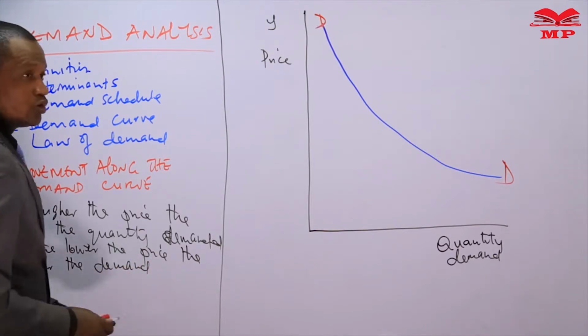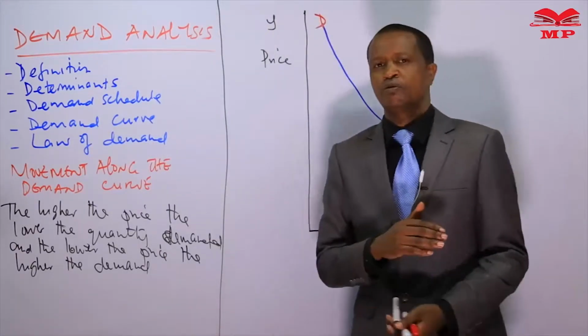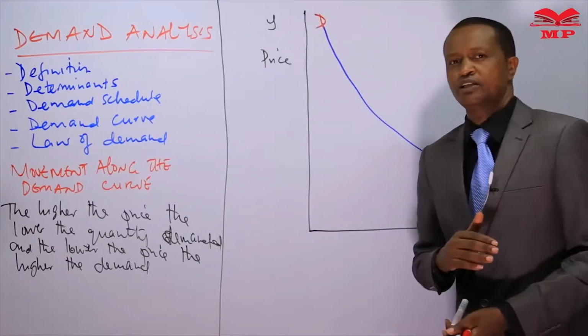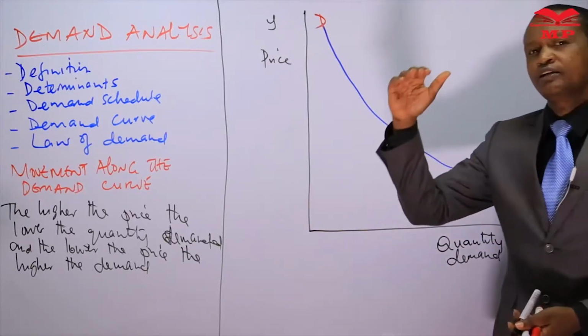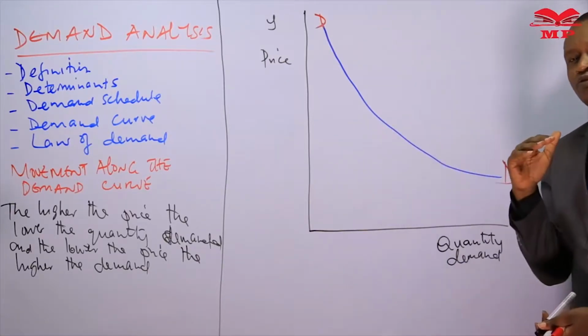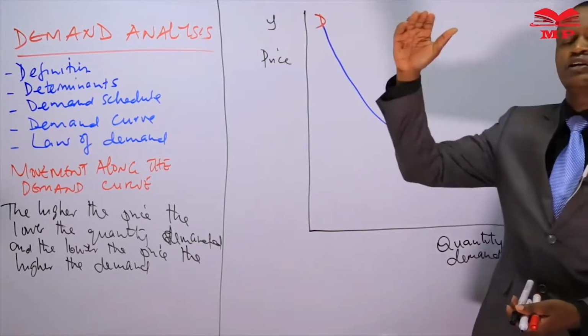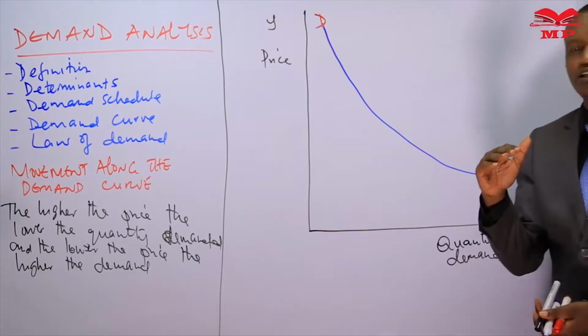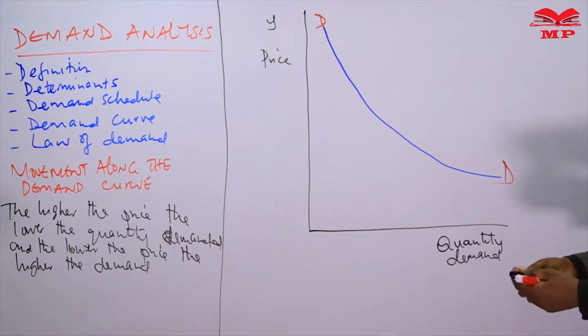That is the law of demand. The tendency for the quantity demanded to be low when price is high, and the tendency of the goods demanded to be high when the price is low is what we are terming as the law of demand.